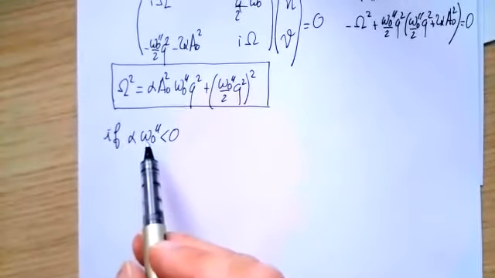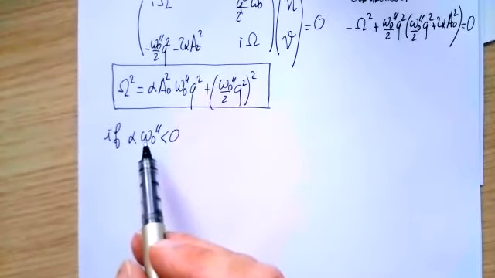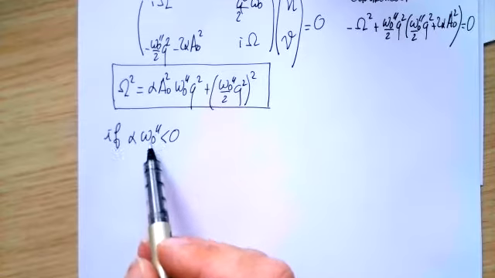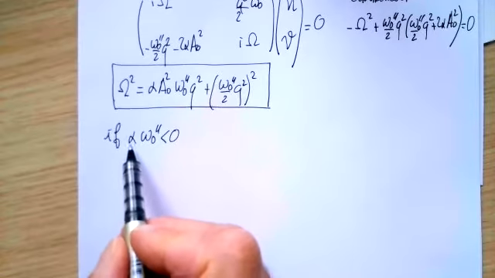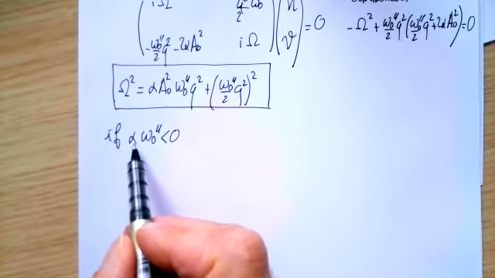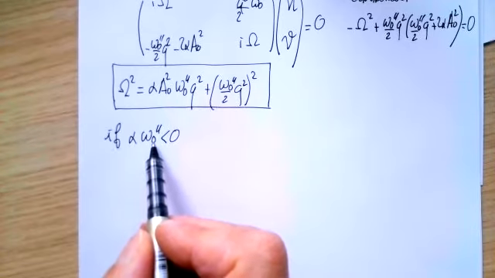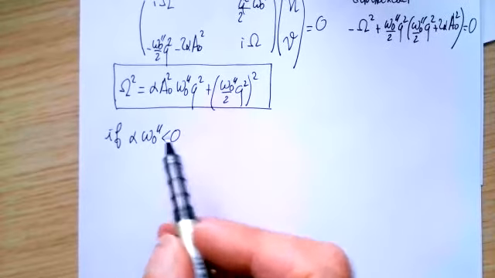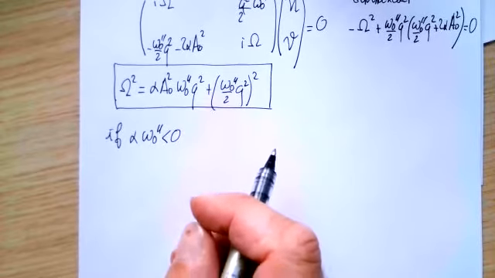Alpha times the second derivative of omega with respect to k evaluated at k naught, and I call that omega naught prime prime. So if this guy is positive, it's either because alpha, which governs nonlinearity, is negative, or omega naught prime prime negative, or maybe also alpha is positive and the second derivative negative. I mean, both situations are possible.